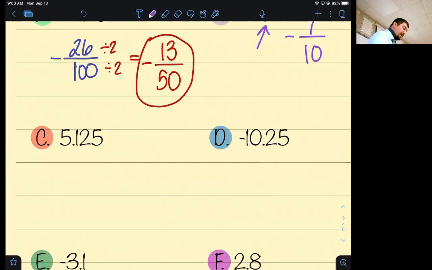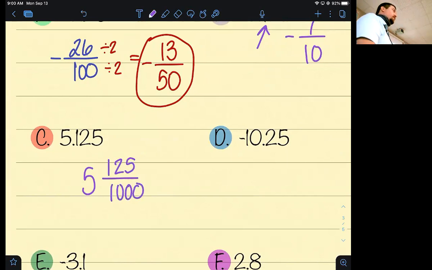And just like last time, any number in front of the decimal point is just going to go in front of the fraction. That's super easy. The only part I have to figure out is what 125 over 1,000 is going to reduce to. So what could I reduce by? What for sure goes in? 5. 5 goes in. Okay.